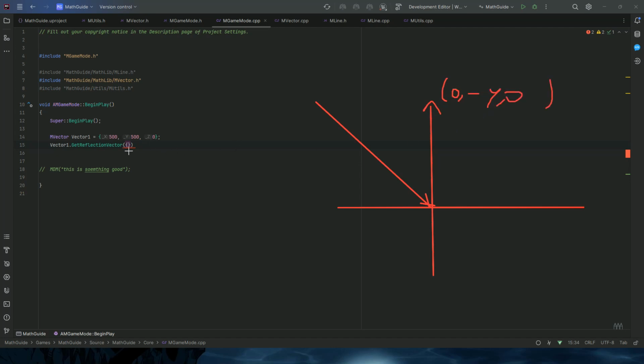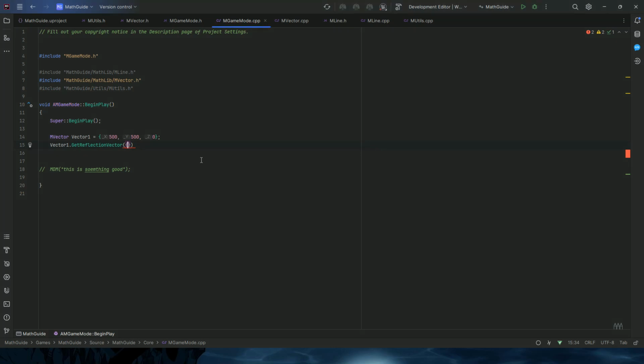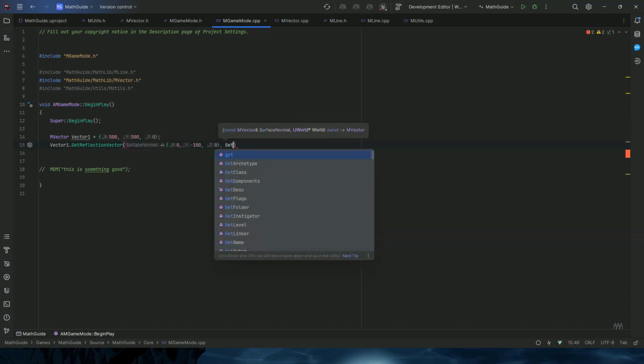In that case, I will take -1. So 0, comma, you can put any minus value because it is upward. It can be 100 or anything, or 0, comma, get world.